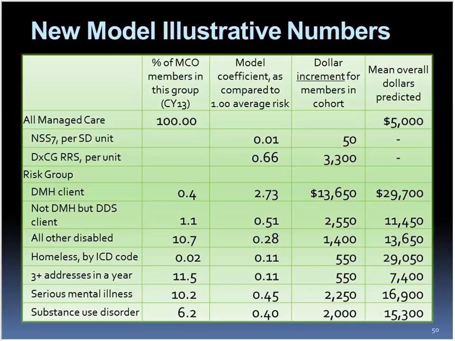In this particular context of today's webinar, the homelessness by ICD-9 code and the 3+ addresses per year, that contributes, this is a really impressive amount of money, 11% increase in payments associated with being coded for unstable housing.